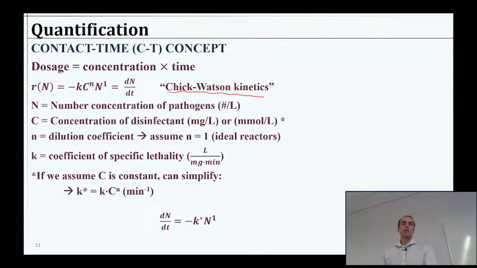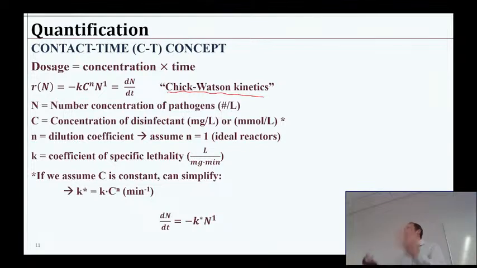Okay, so this then, if we combine this K with the C, the constant, let's say chlorine or disinfectant, then we get the per time unit that we're typically expecting. So we can do that as a simplification, say, let's assume that's constant, and now we have K star as the combination of the two, and that's going to be in maybe per minutes or something like that.